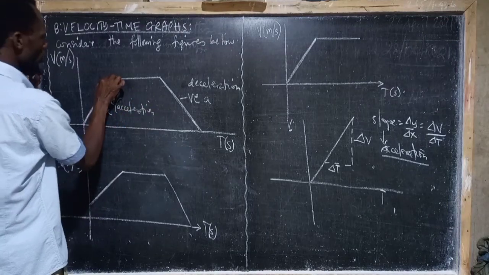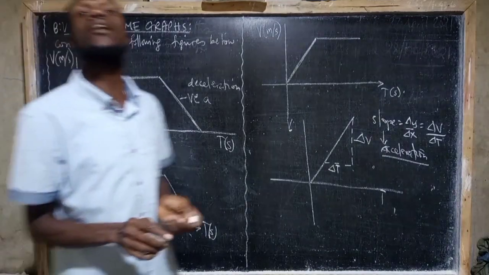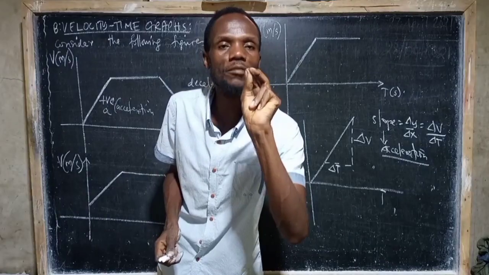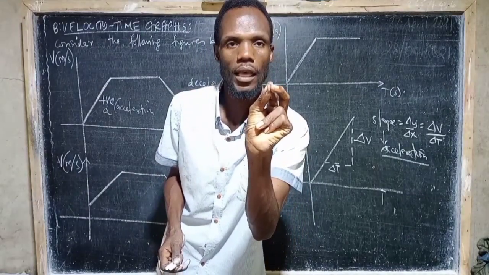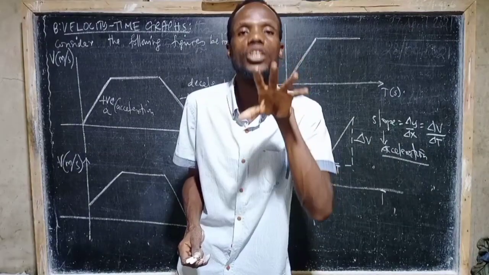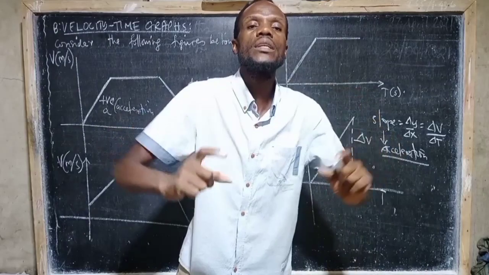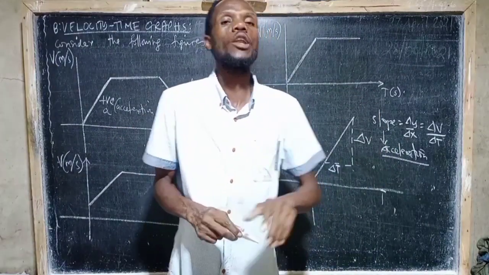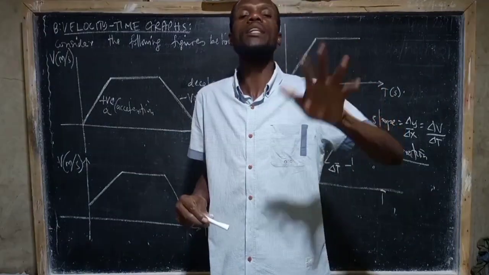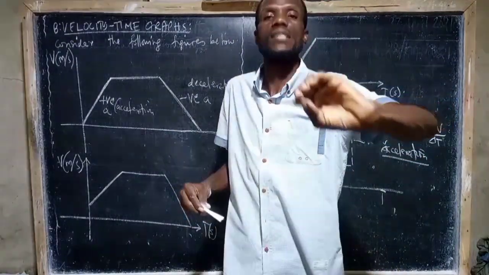But the horizontal line represents constant velocity. Now, a constant velocity is represented by the horizontal line. It means that there is no acceleration because there is no change in velocity. No matter what the speed is, whether you are moving with 100 meters per second or 100 kilometers per hour, if there is no change in velocity, there is no acceleration.